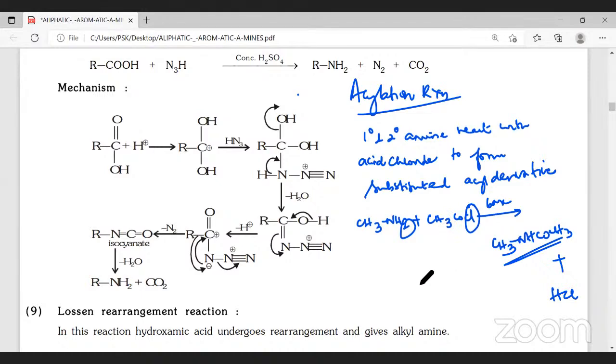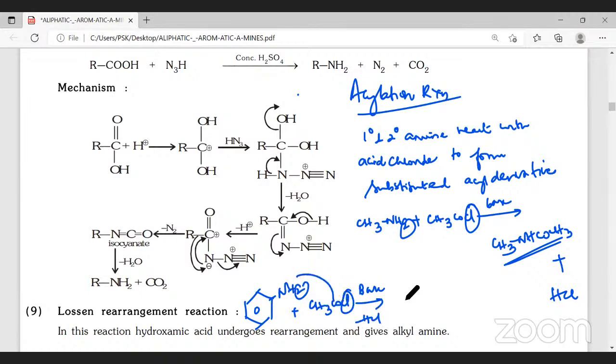The same thing, acylation, we can also perform with an aromatic primary amine. We will take aniline here. This aniline is allowed to react with acetyl chloride, CH3COCl, in the presence of a base like pyridine. What happened? This H and Cl get eliminated as HCl.